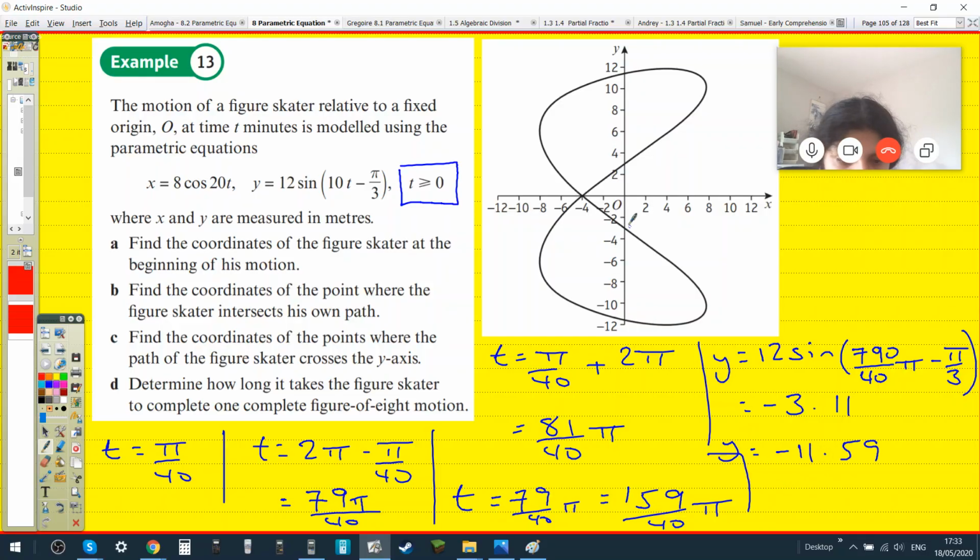And then with 81 over 40, it's minus 3.11 again, which doesn't look right.